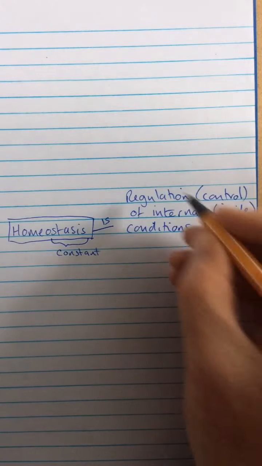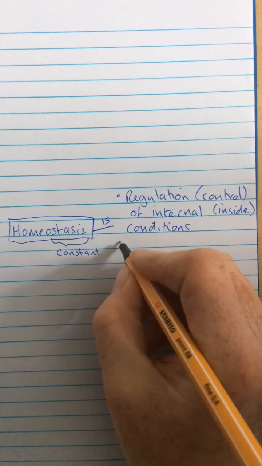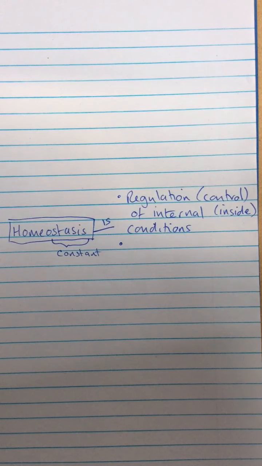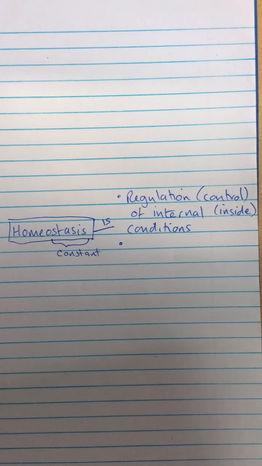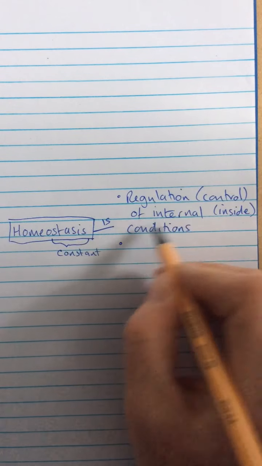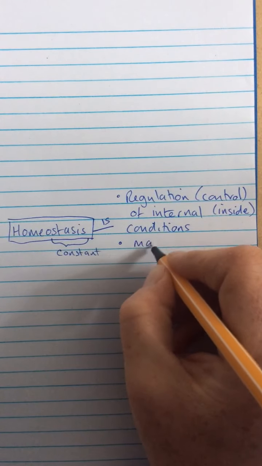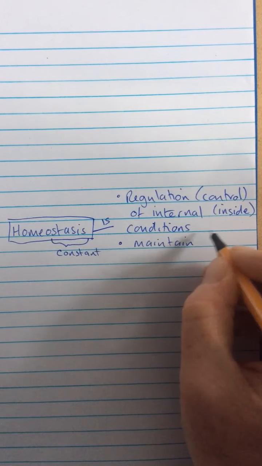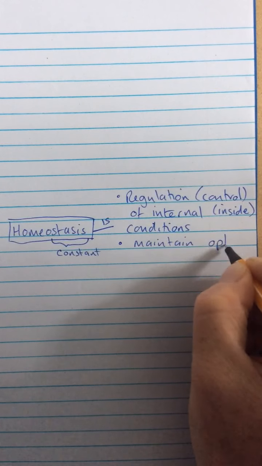The second mark is about why do we need to do this. We need to maintain our internal conditions so that we've got the best conditions for your body to function. Okay, so the reason that we regulate internal conditions is so that we can maintain optimum.